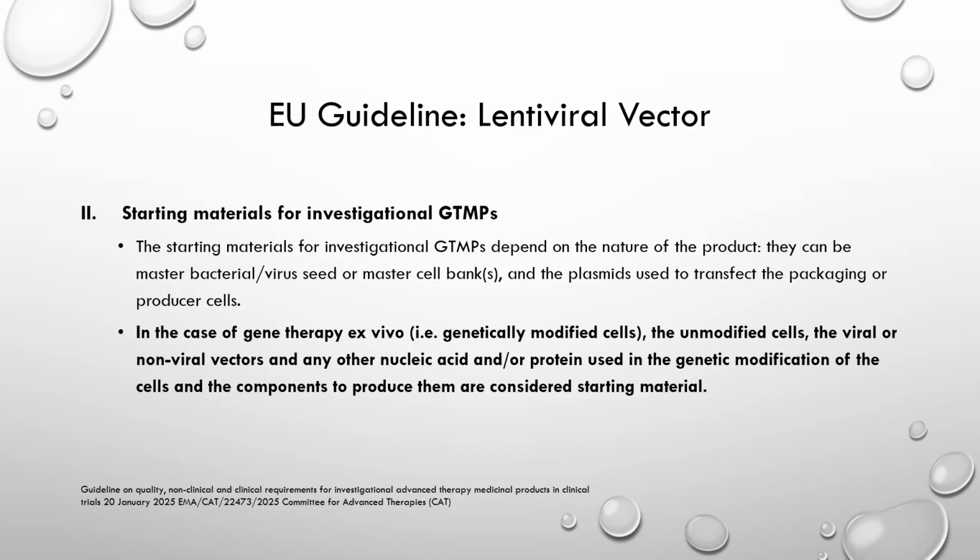These have to be manufactured to GMP, the plasmids and the master cell bank. In the case of ex vivo gene therapy, so that's genetically modified cells, the unmodified cells, the viral and non-viral vectors, and any other nucleic acid and or protein used in the genetic modification of the cells and the components to produce them are considered to be the starting material.